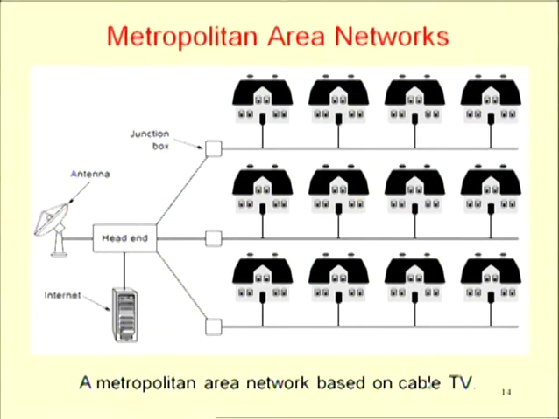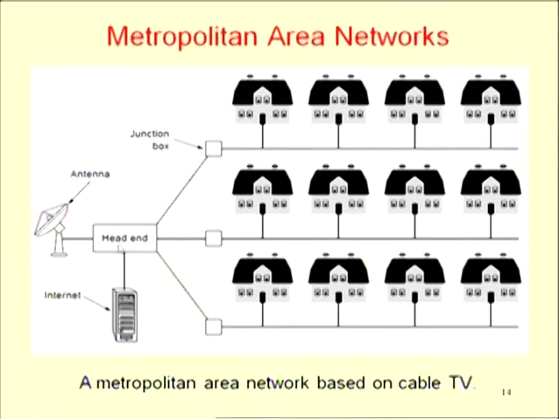All of us would be having some kind of cable TV service at our home, and the cable TV service provider extends the connection up to our home. In extension of that connection till our home, the kind of schematic being displayed here would be used.